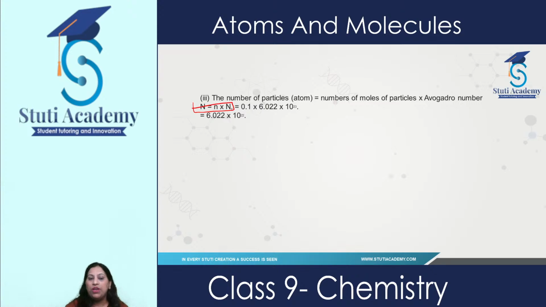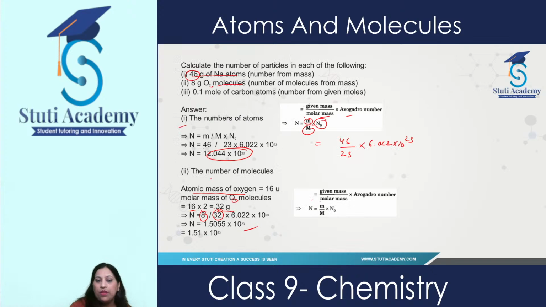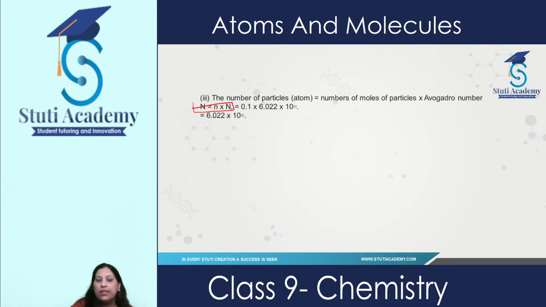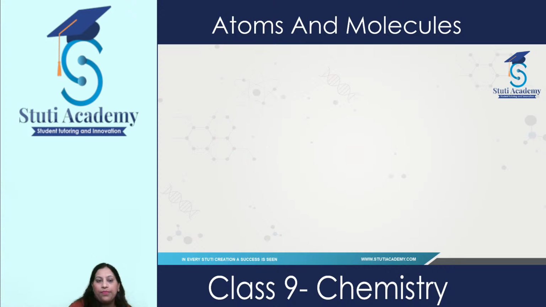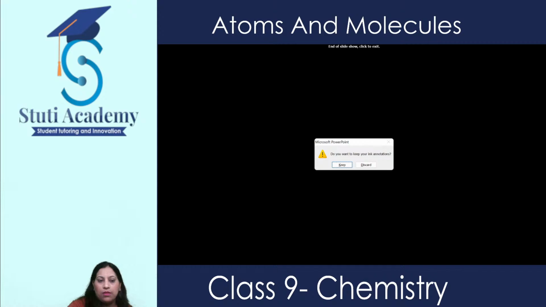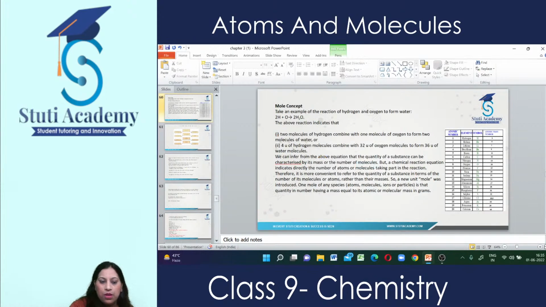Simply, number of moles is given as 0.1, and Avogadro's number we know, so we'll get this answer. These are the questions which I have discussed with you according to the exam point of view.